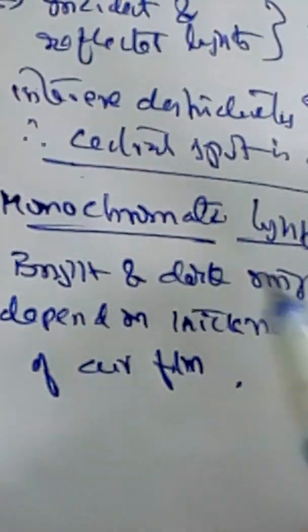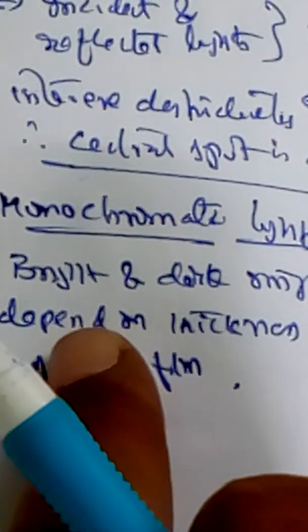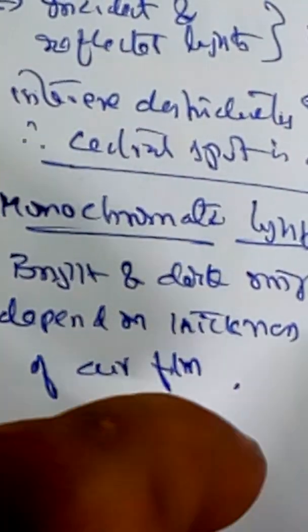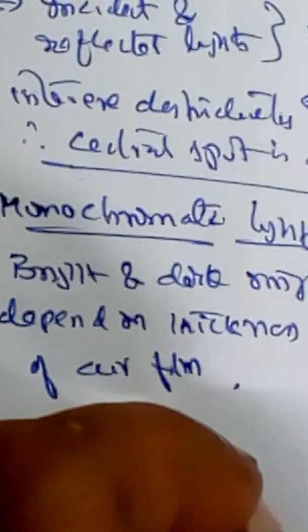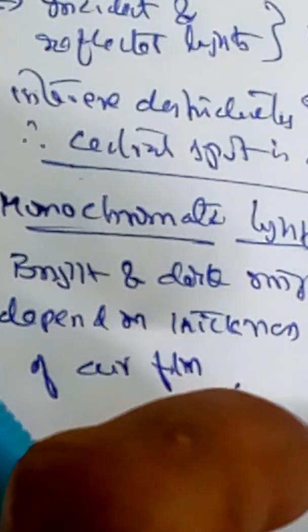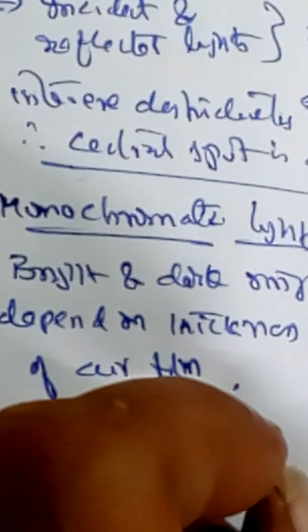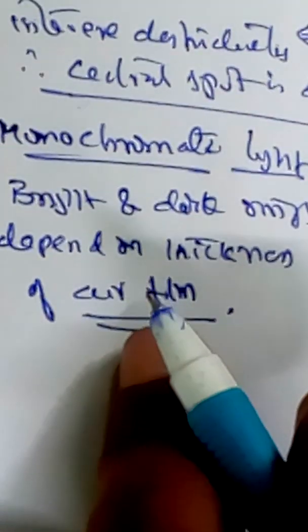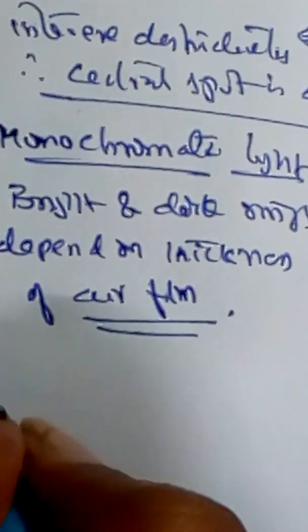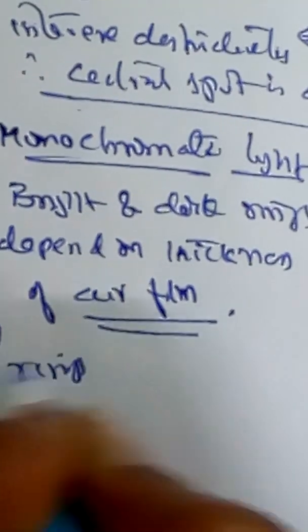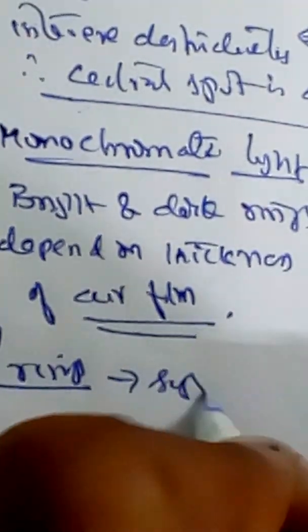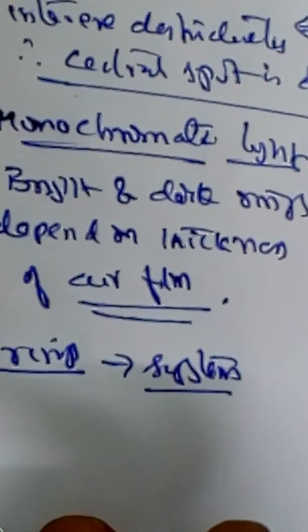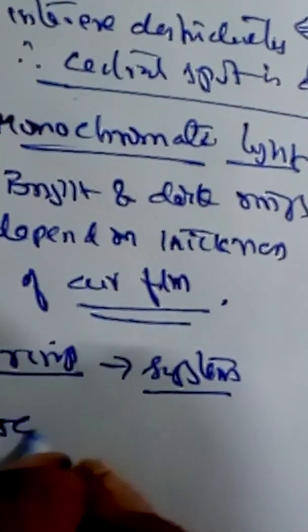So formation of bright and dark rings always depends on how much thickness the air film that is forming is having. That is very important. So therefore, you are talking about Newton's rings and treat this as a system, an experimental setup.